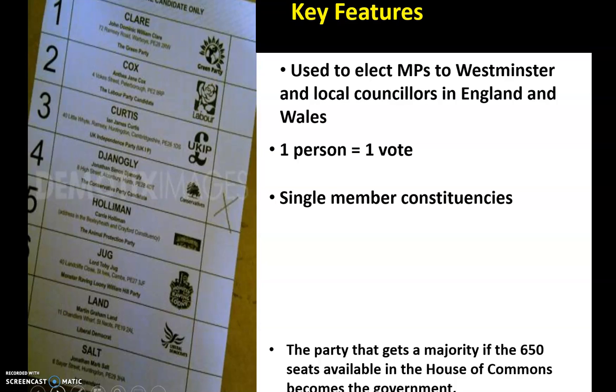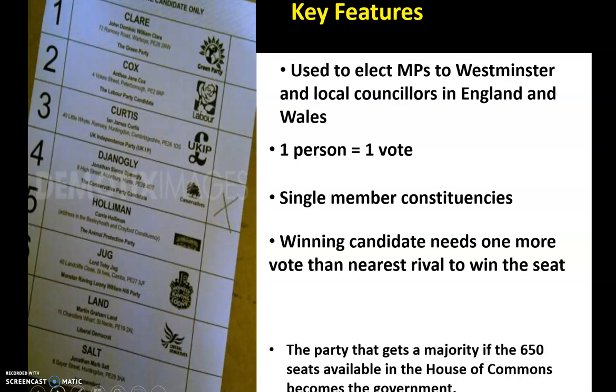And each constituency, each area, has one MP, a single member who represents it in the House of Commons. So Nuneaton has one member of Parliament, which is Marcus Jones at the moment. Hinckley and Bosworth has one member of Parliament whose name I can't remember. It's called Dr. something. Each of those seats in Coventry has one member, etc.